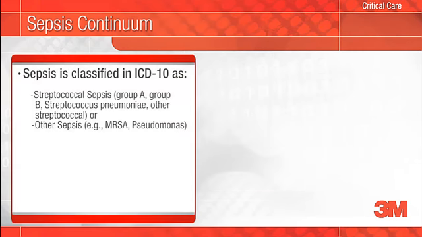What's new in ICD-10 with the sepsis continuum? Sepsis is classified to one of two categories in ICD-10, either streptococcal sepsis or other sepsis. Streptococcal sepsis is further specified as being due to Group A or Group B streptococcus, Streptococcus pneumonia, or other streptococcal infection.